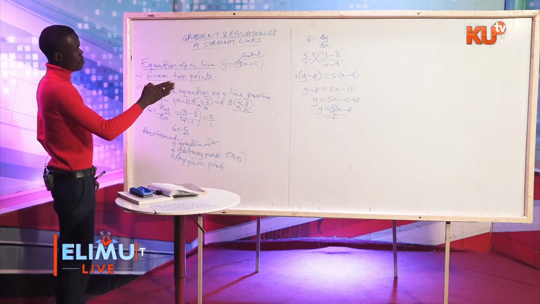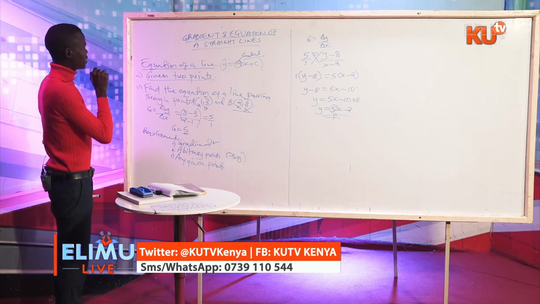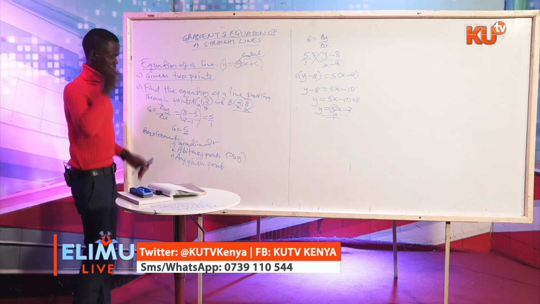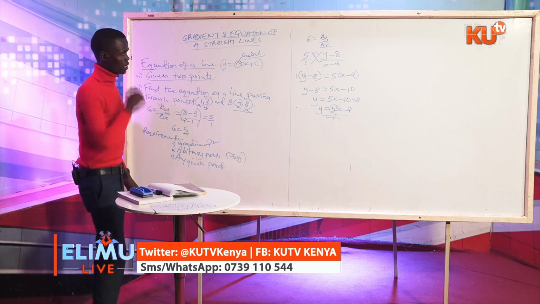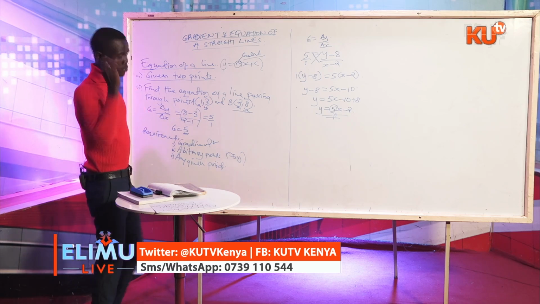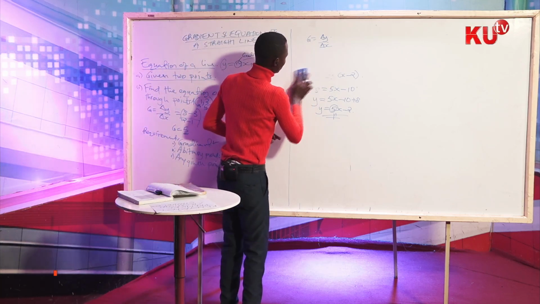Yes, back to the board. We want to find the equation of a straight line using point A. Now, I will just rub this from here. Just allow me to use this same point.